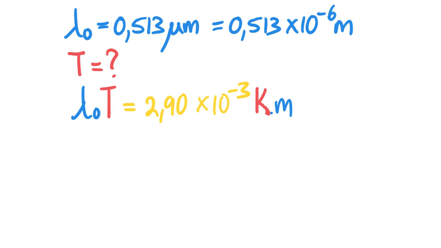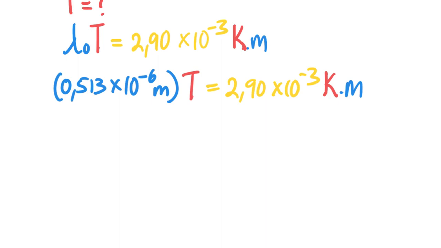We've written it down here, lambda 0 T equals 2,9 times 10 to the negative 3 Kelvin meters. So we substitute for the peak wavelength: 0,513 times 10 to the negative 6 meters multiplied by the temperature equals 2,9 times 10 to the negative 3 Kelvin meters.